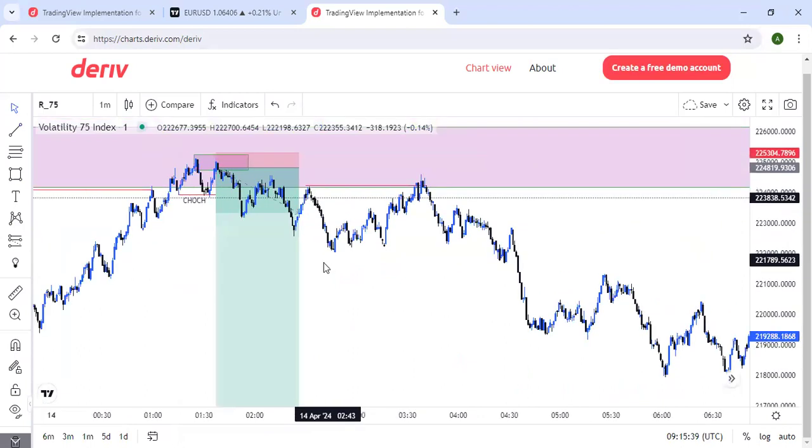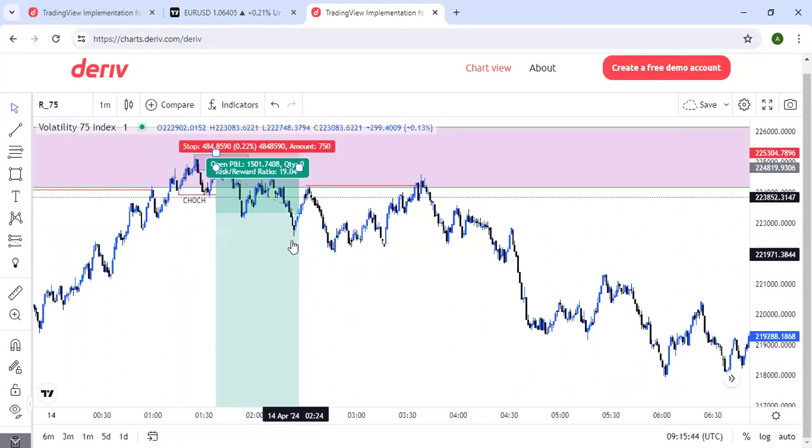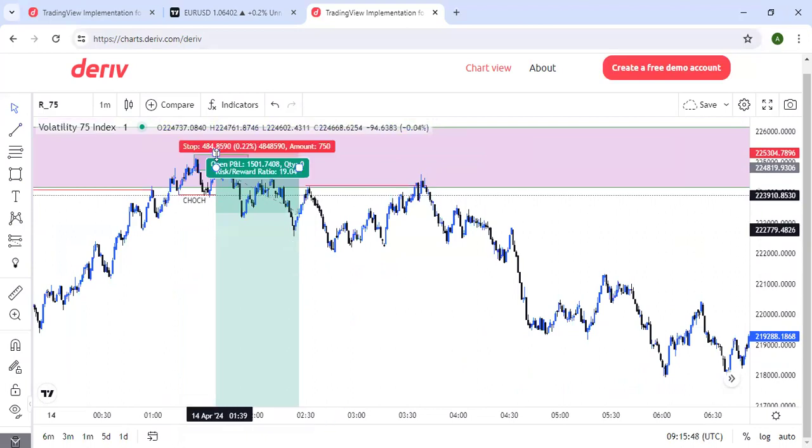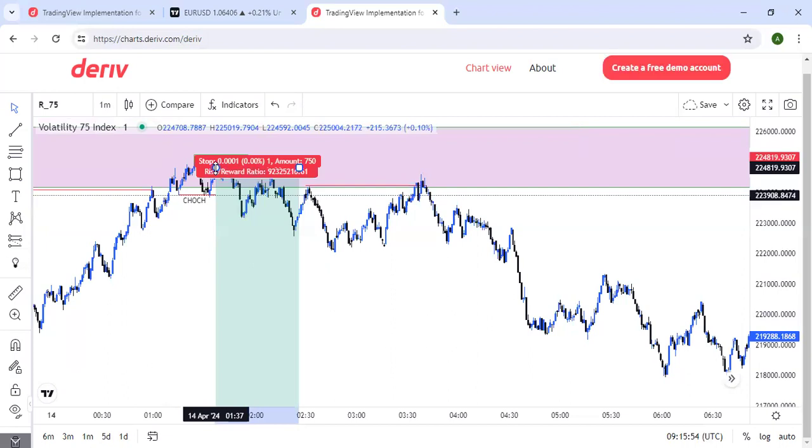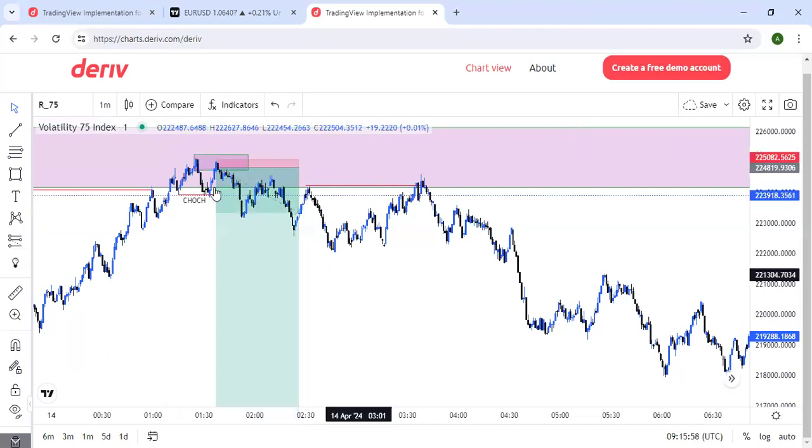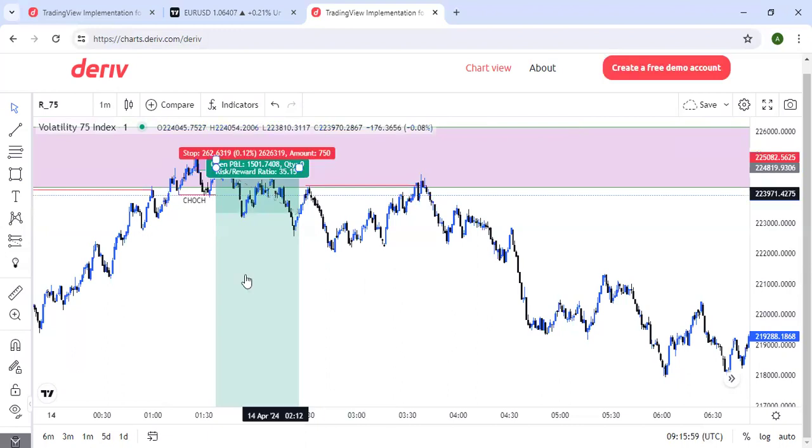And basically, if you want to start the next trade, you have to make sure this first trade is already at break even. When it's at break even, it means you are not losing any money. So break even is fine.